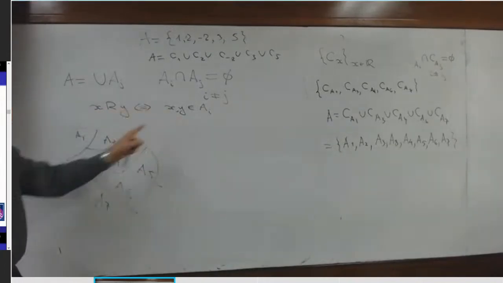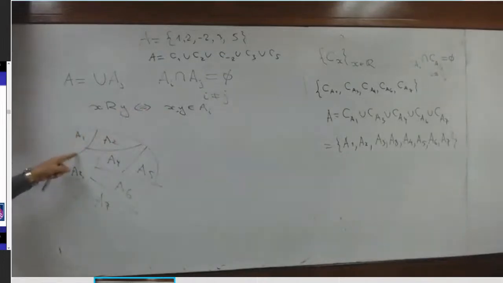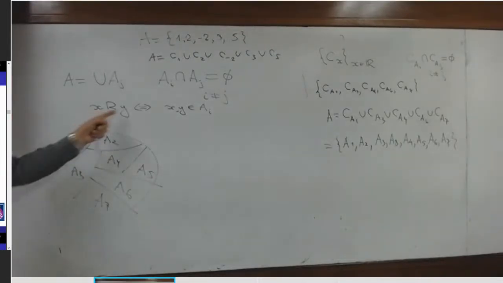According to this definition, all elements of this subset are equal. All elements of this subset are also equivalent to each other, etc. So this definition gives you such a relation between the elements of A.